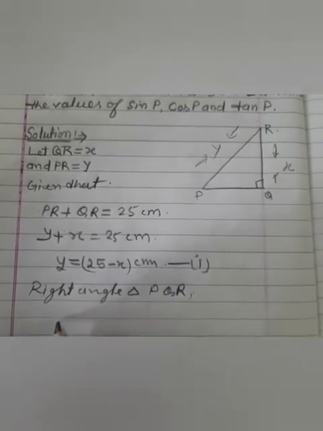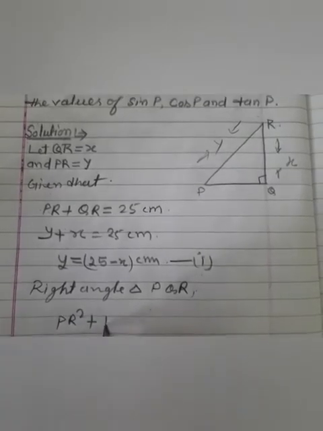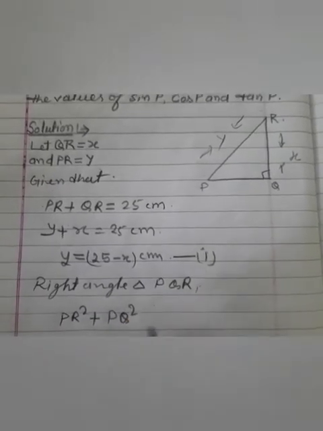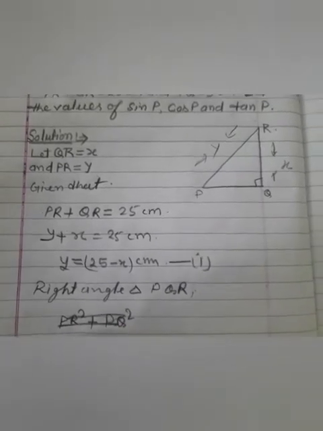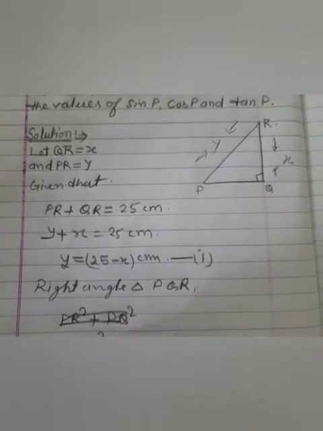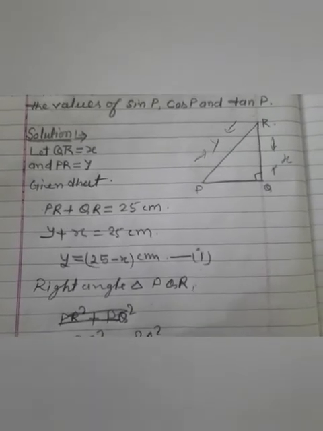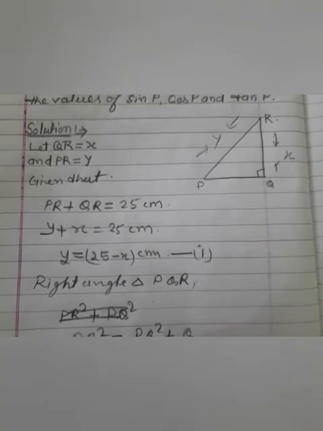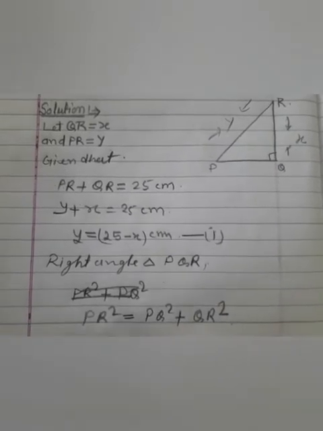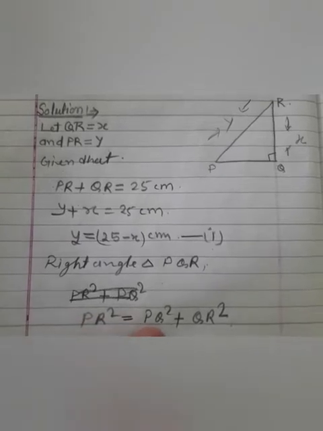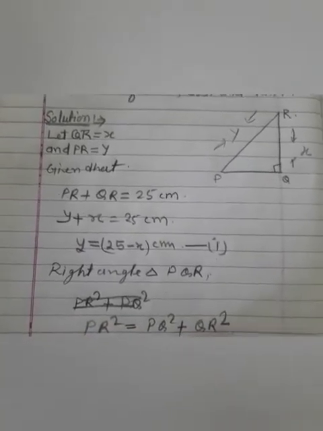So PR square is equal to PQ square plus QR square. This one is clear. PR square is equal to PQ square plus QR square.